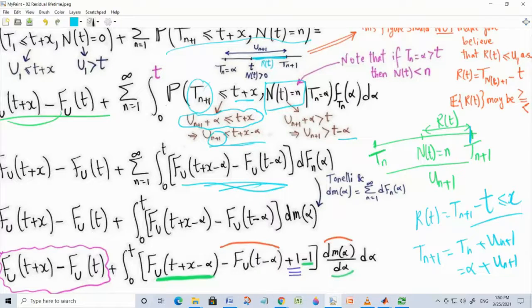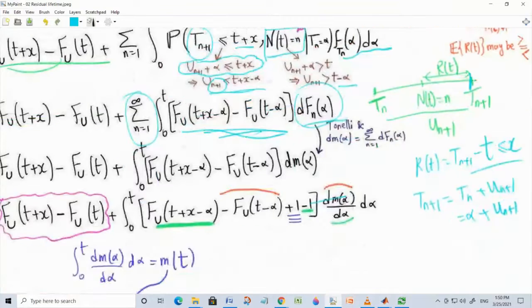What we will do is write down the PDF: d alpha is basically the differential of the CDF. Things here are non-negative, and so by Tonelli we can do things in any order of our choice, and we can take this summation with this dF of the CDF, and based on the previous slide, this is equal to dm of alpha.